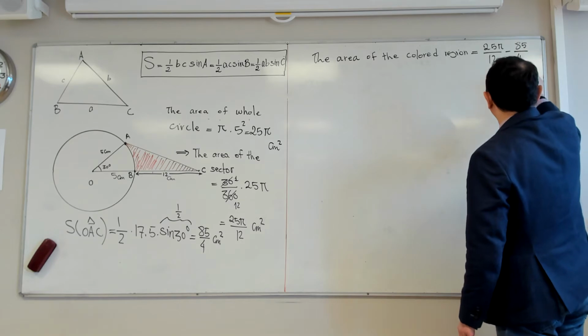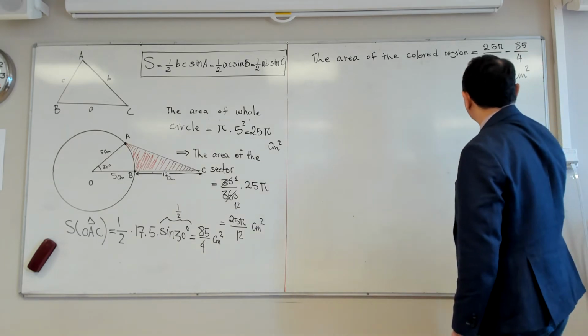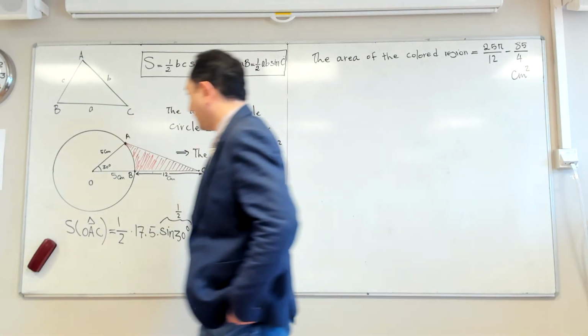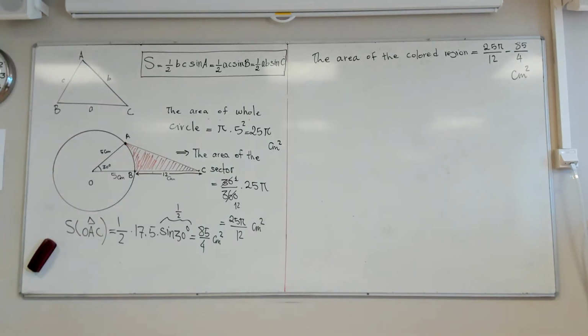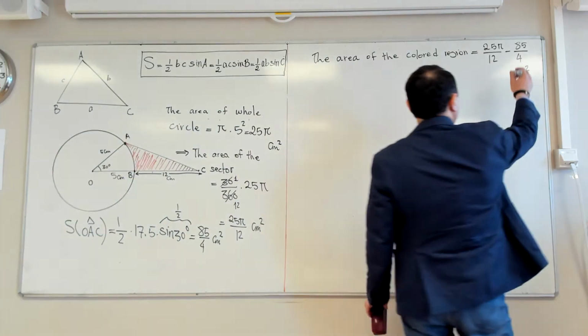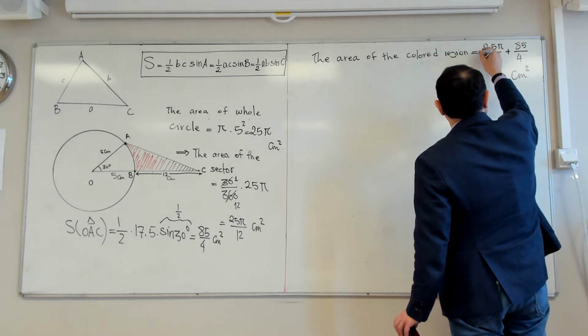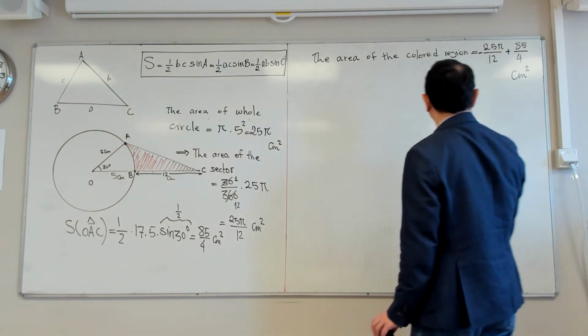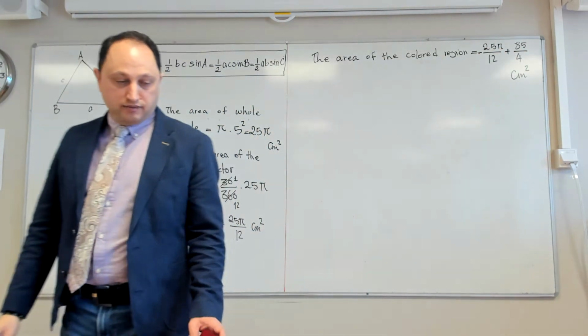And then you don't need to simplify anything, you can just leave it like that. And if I ask you to approximate the value, then you put this number in your calculator. Isn't it the other way around? The other way around. Yeah, thank you. This should be positive, negative. Thank you very much. Otherwise I get a negative number.